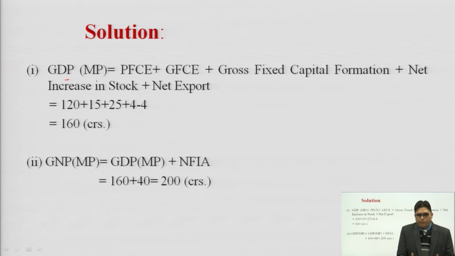The next approach is the value added method, in which we take only the value added at each subsequent stage of production. As I had explained, if at the first stage the value of the product was 100, and at the second stage of production the value has reached 1500, how much value addition has happened?